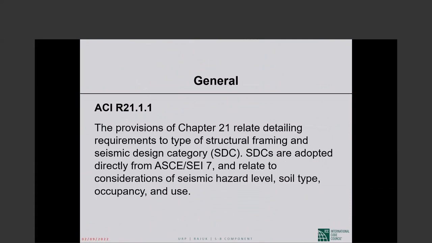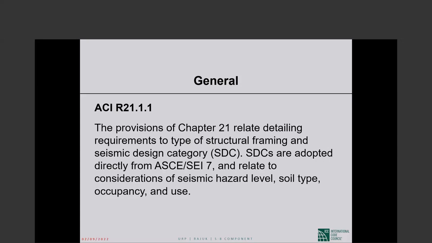So this is the commentary to the scope section of Chapter 21. Okay, this is the very beginning, but this is commentary. Whenever you see R, that is commentary, not an ACI provision. The provisions of Chapter 21 relate detailing requirements to type of structural framing and seismic design category.